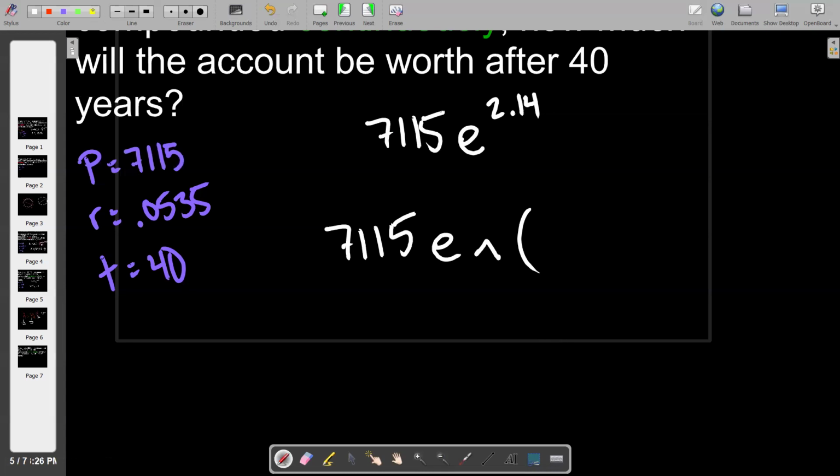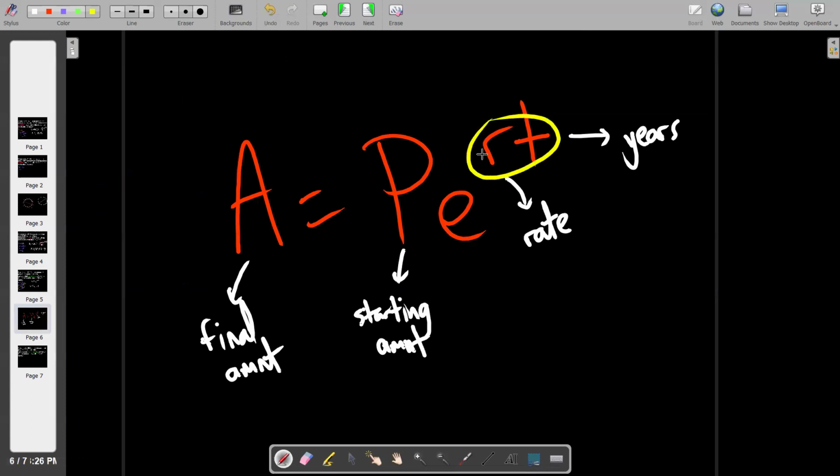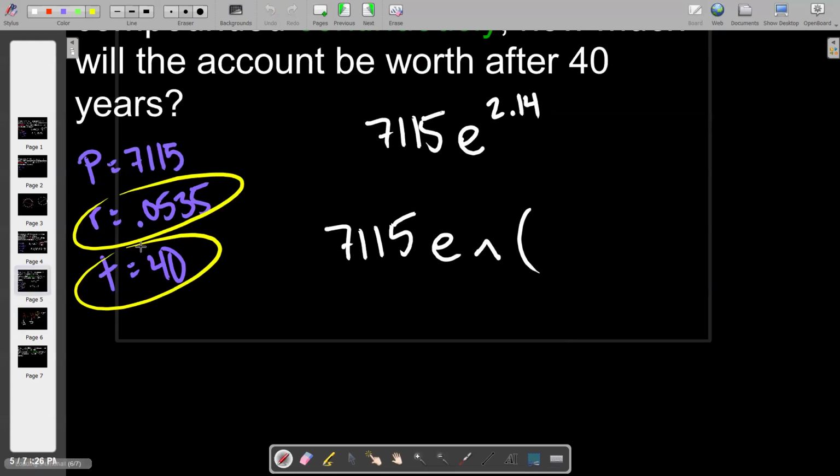There we go. That was r times t, because remember in the PERT formula that our exponent is r times t. So I just typed in r, 0.0535 times 40. Got it? Okay. And then inside the parentheses, some calculators don't do it this way, but it's just telling you, what do you want me to raise E to the power of?